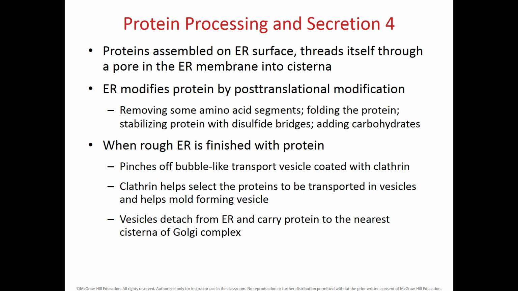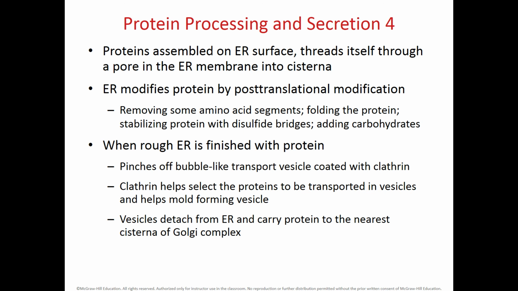So the proteins assembled on the ER surface will go through this series of endoplasmic reticulum cisternae through the pores that they have. The ER will also modify the proteins by what we call post-translational modification, in which you try to stabilize the proteins with bridges of sulfur, called disulfide bridges, or you add carbohydrates.